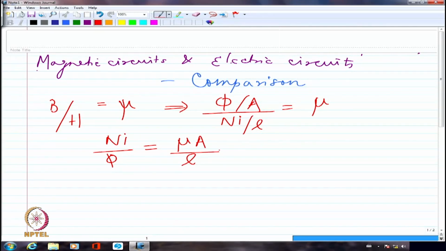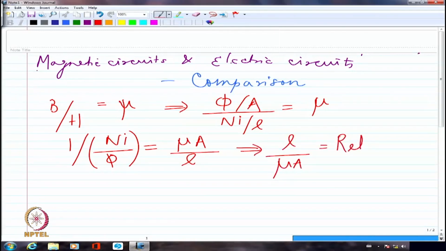Phi by Ni is equal to this, so I can say L by mu A is the reluctance.